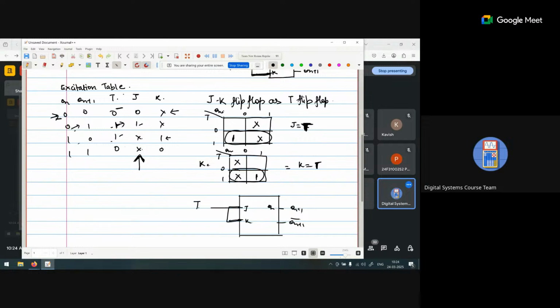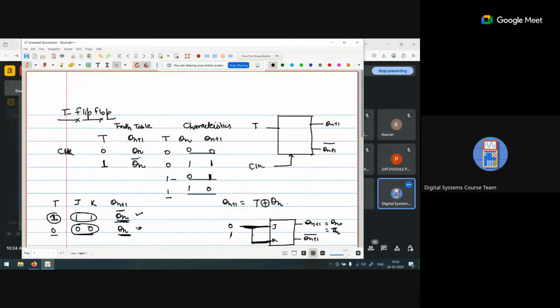This is the result. Now, if we use a T flip flop as a JK flip flop, then this is the T, Qn plus 1, Qn plus 1 bar.